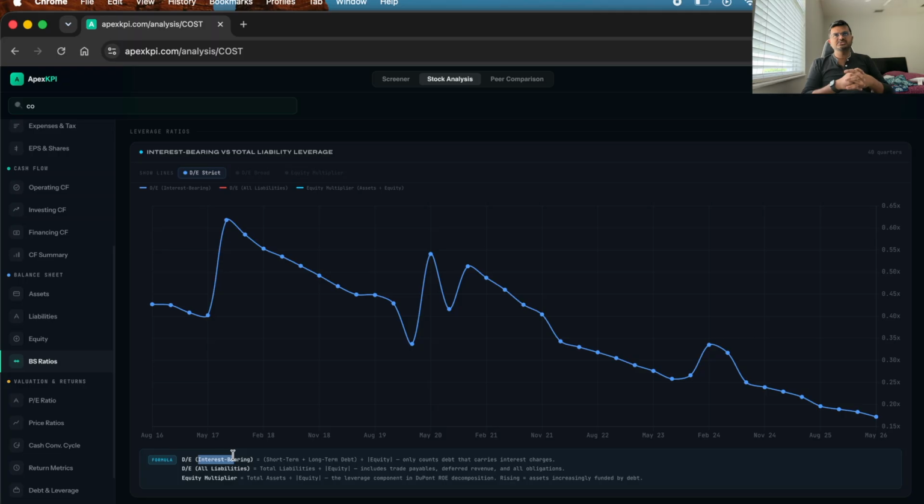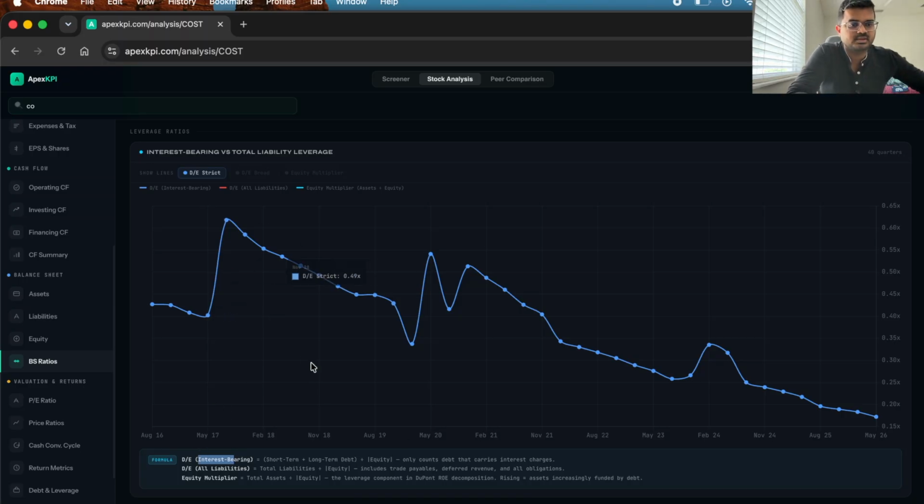But what makes more sense is to figure out the interest bearing debt, that is long term debt and short term debt in the liability, divided by the equity. That number gives me more clarity on the interest bearing debt rather than looking at the whole of the total liabilities.